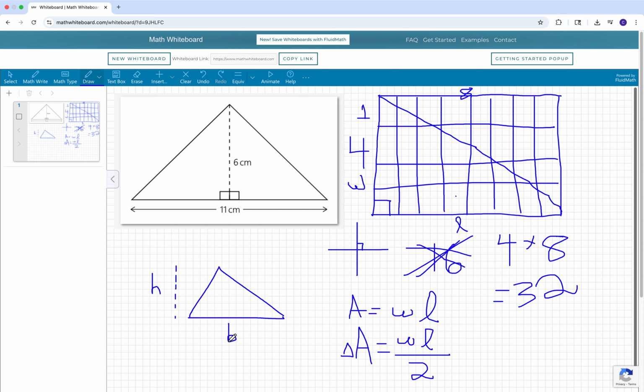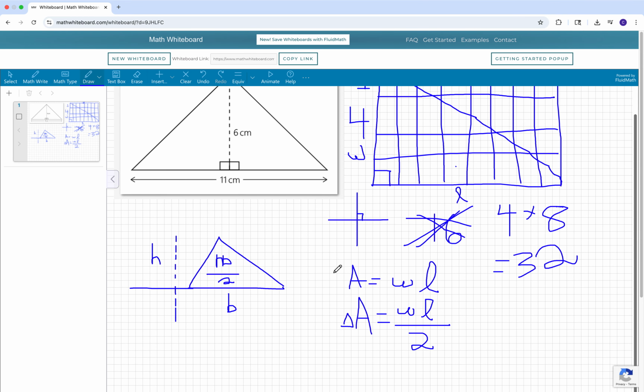As in, we can't use this line to get the height. It has to be this line that forms a plus with the base. And then we multiply h times b divided by 2 to get the rectangle, and then remember we divide by 2 to get the triangle.